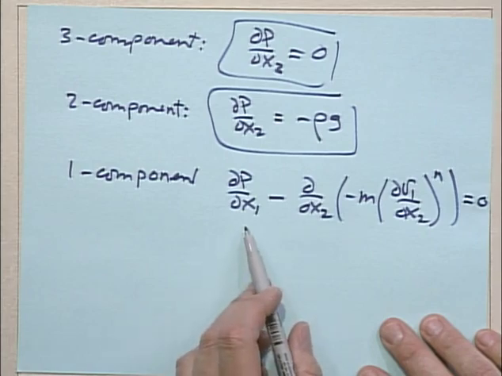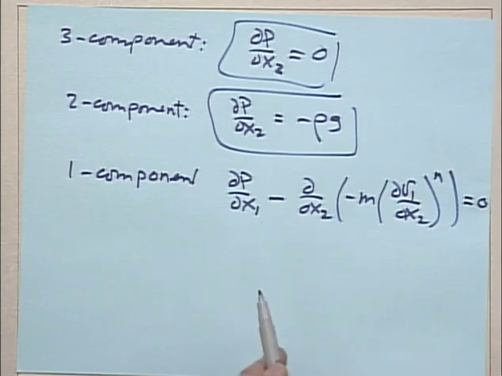Is there a pressure gradient in the x1 direction? No. This flow has no imposed pressure gradient. And so there's really nothing interesting to make the pressure vary in the 1 direction. So in fact, it's 0.